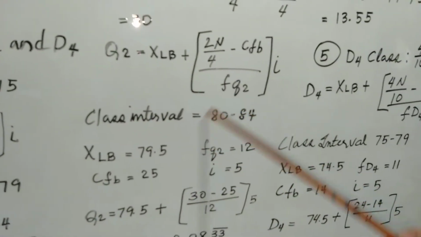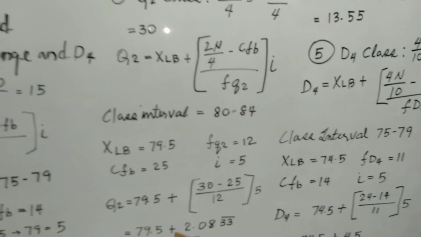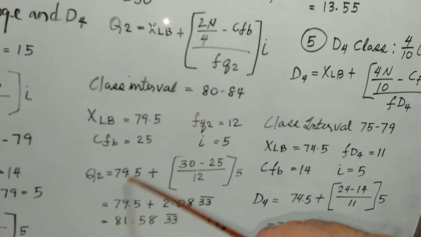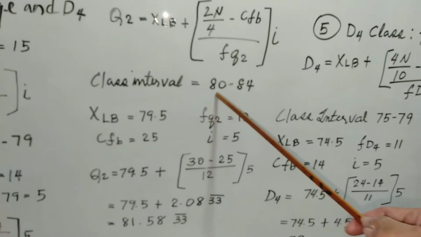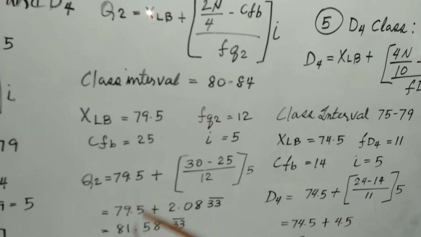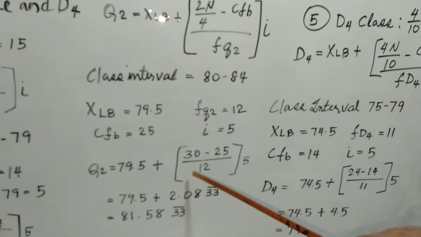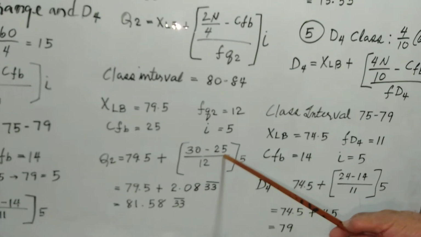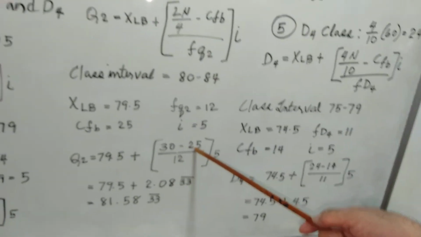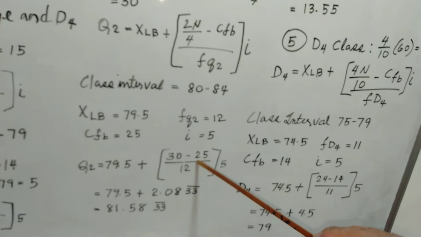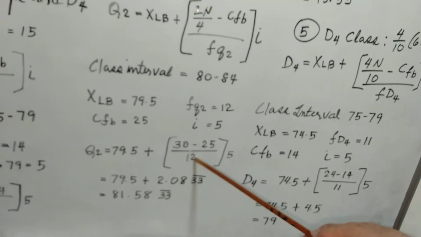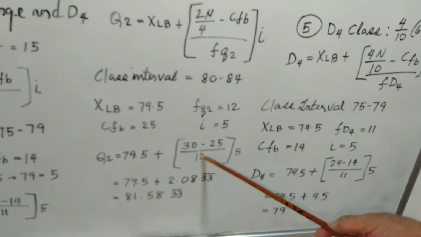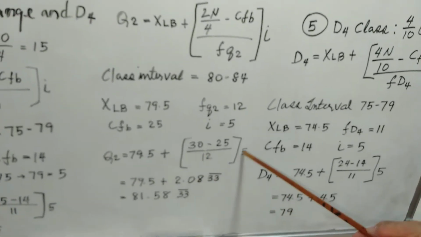The lower bound for the scores will be 79.5, between 80 and 79, plus the second quartile class, which is 30, minus 25, the CFB below 30, over 12, the second quartile frequency, times the index of 5.